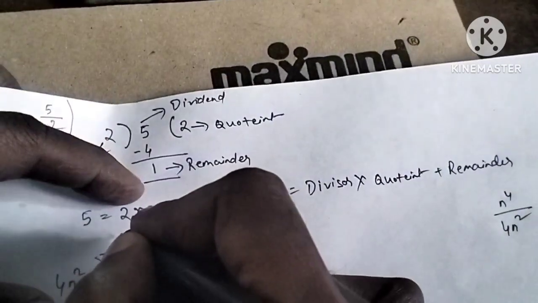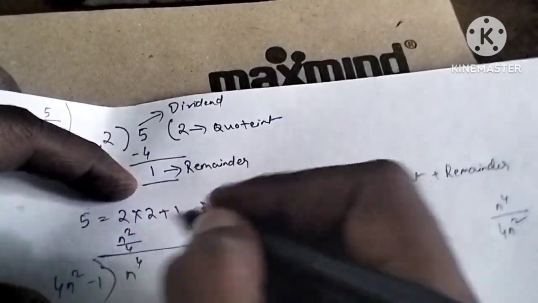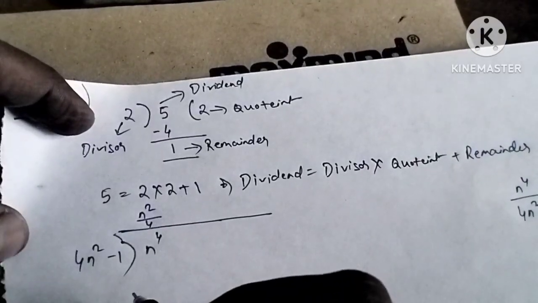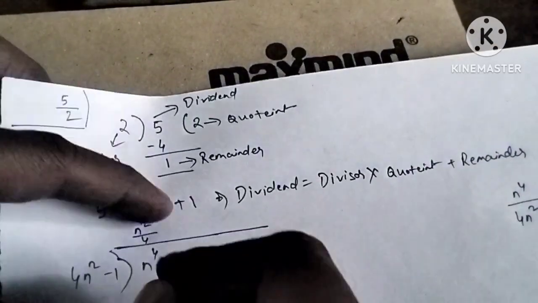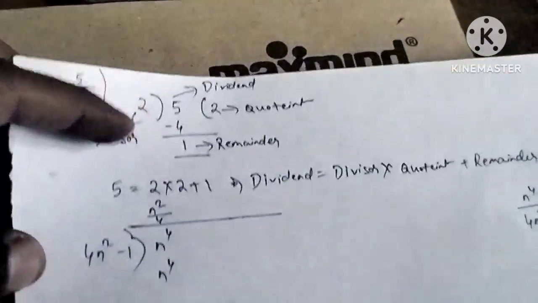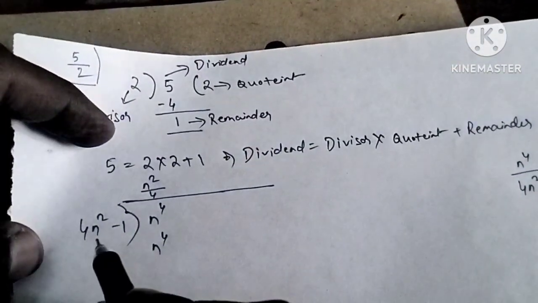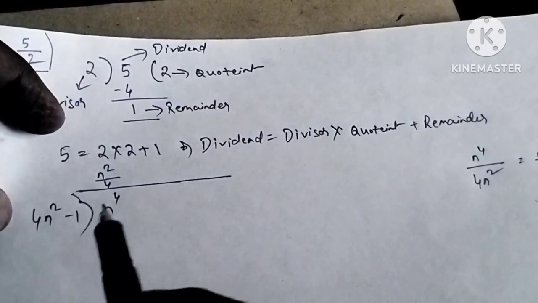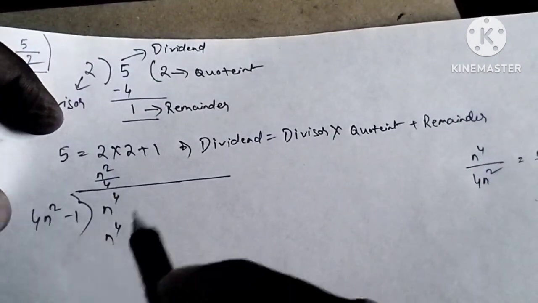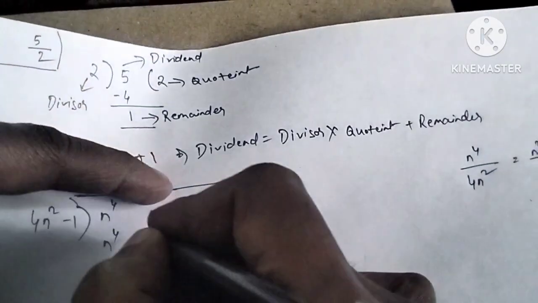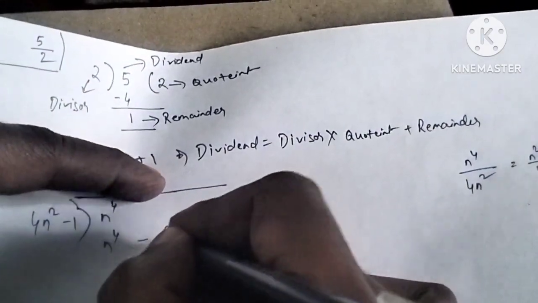Then you have to multiply minus 1 with n square by 4. 4n square into n square by 4 is n to the power 4. Then minus 1 with n square by 4 will be minus n square by 4.